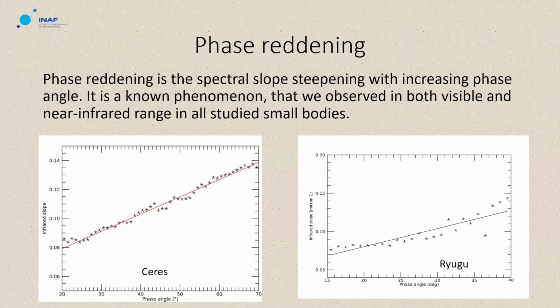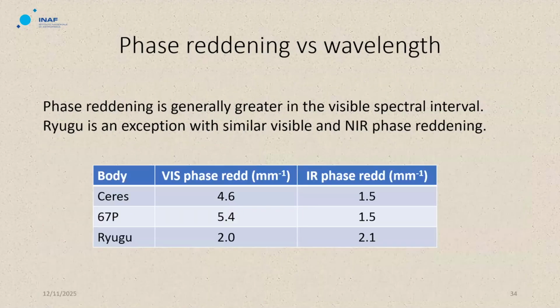This is related to the interaction of radiation with single particles, so radiation with the roughness of single particles, and generates this reddening trend. And this is important to understand what happens between a darker surface and a brighter surface.